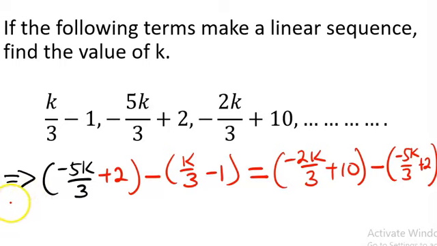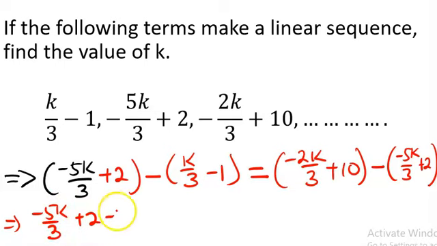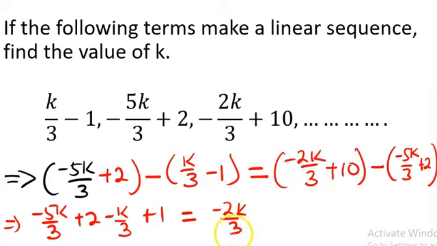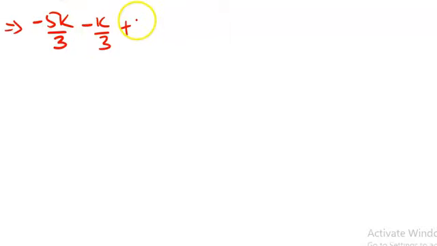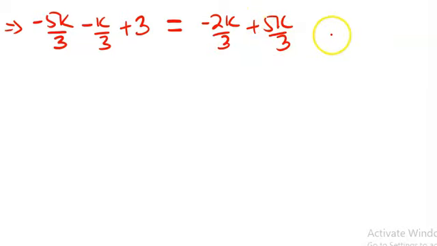So let's simplify a little bit. We are getting minus 5k over 3 plus 2, and minus k over 3, minus this will affect this to plus 1, and this is equal to minus 2k over 3 plus 10, and then this minus will be plus 5k over 3 minus 2. Rearranging, we get minus 5k over 3 minus k over 3 plus 3 on the left-hand side is equal to minus 2k over 3 plus 5k over 3 plus 8.